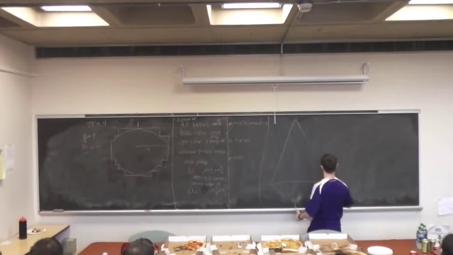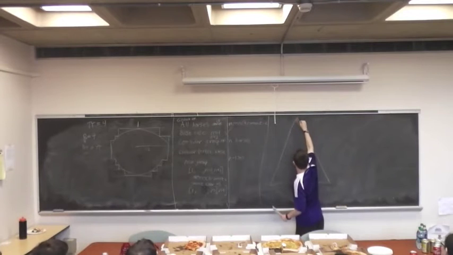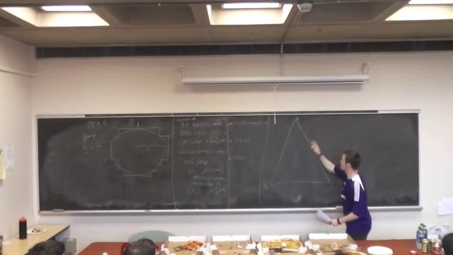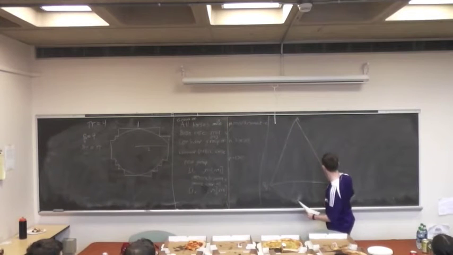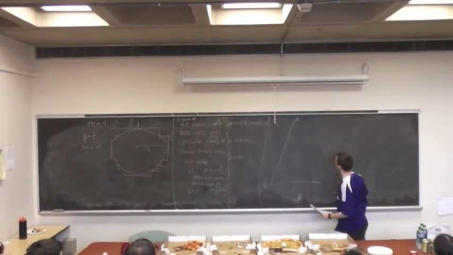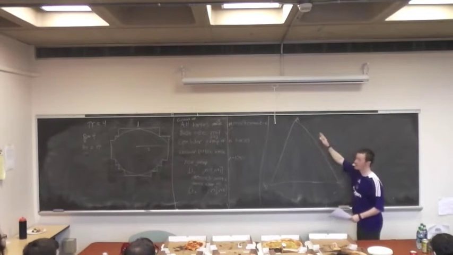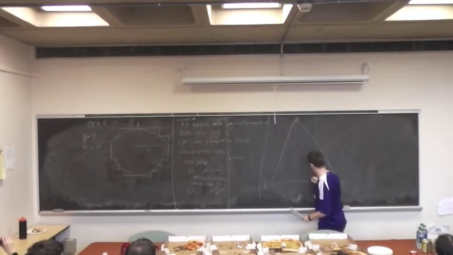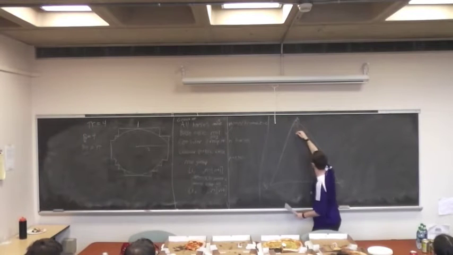Alright, let's start with triangle ABC. Start by drawing the angle bisector of A, alpha over 2, alpha over 2.